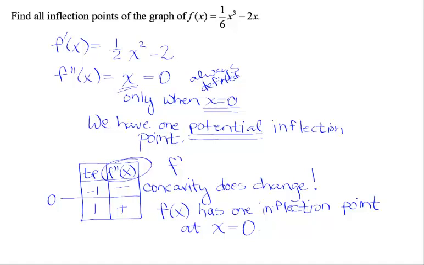You must do the testing to determine whether concavity changes. If concavity did not change, this function would not have any inflection points. However, it did, at the one potential inflection point, x equals 0. Therefore, that became an actual inflection point.